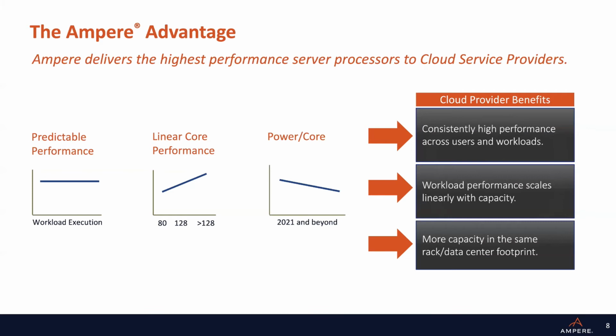Right, so basically just summarizing what we were just talking about, the three tenets. Predictable performance means that your workloads can have a consistent performance for customers. We have linear scaling, meaning that if you increase the number of cores running workloads, let's say from 32 to 80 to 128 or more, our performance scales linearly.